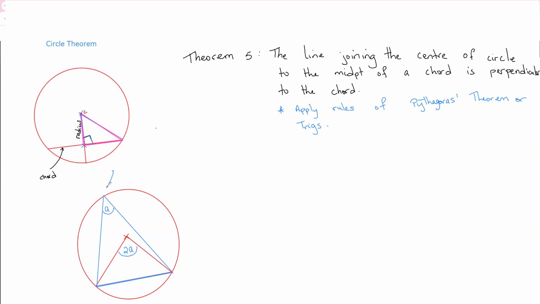If they give you this one and ask you to find the angle at the center, you just multiply by 2. If they give you the inner value and ask you to find the one on the outskirts, you divide by 2 and you'll get the outer one. So that's the rule. We'll name that Theorem 6.